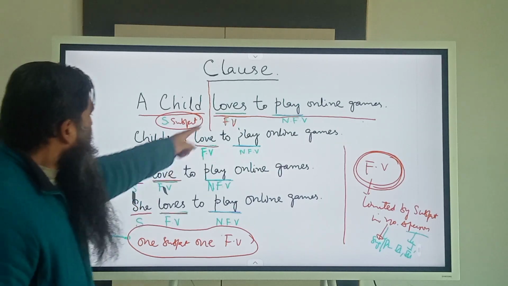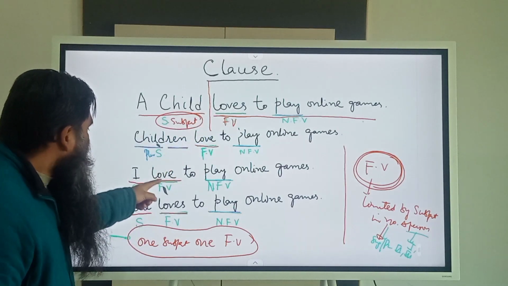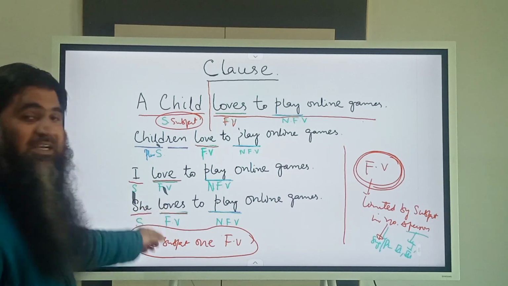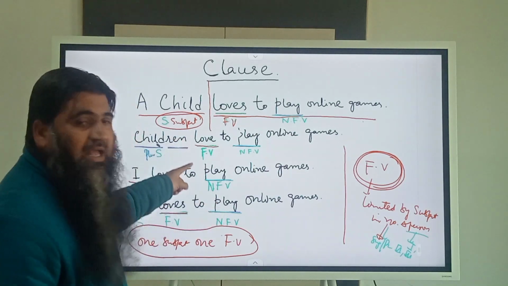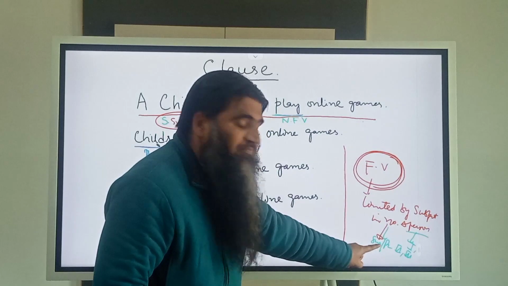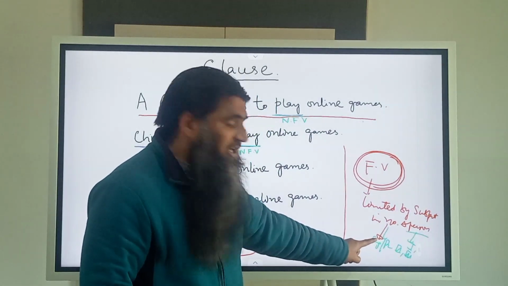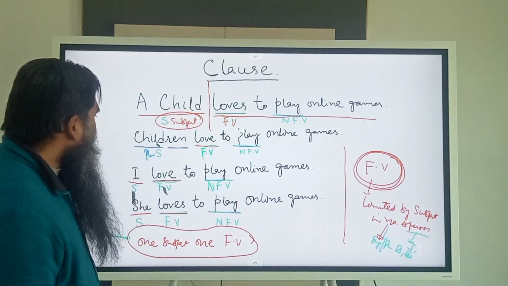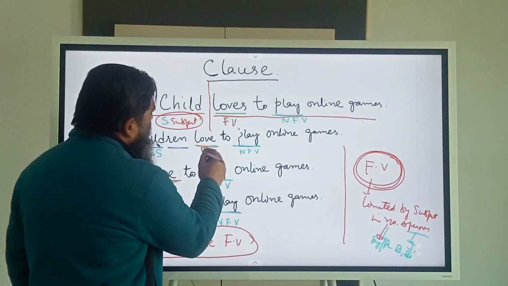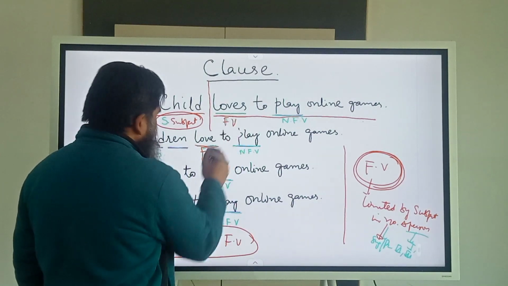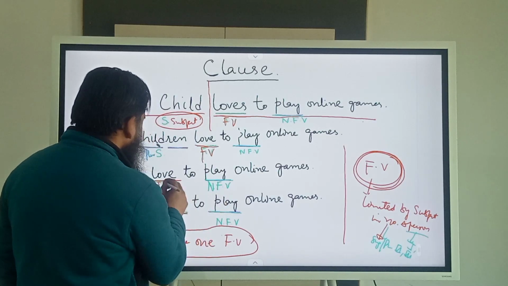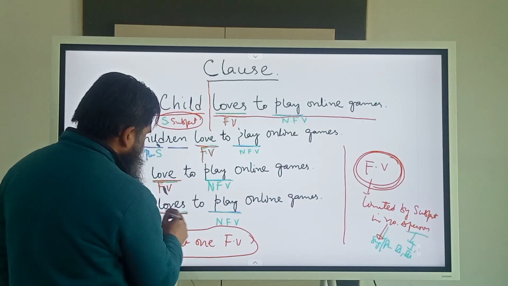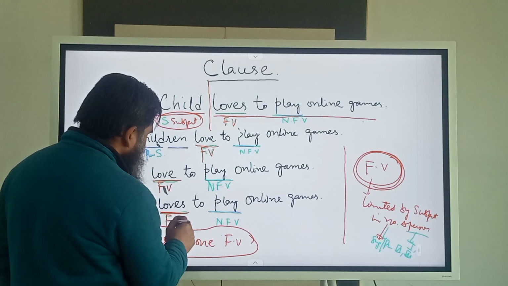So this verb is changing according to the subject. Hence we say that it is limited by subject in number and person. Hence we call this verb a finite verb. Dear viewers, this verb loves or love, which is changing its form, we call a finite verb.